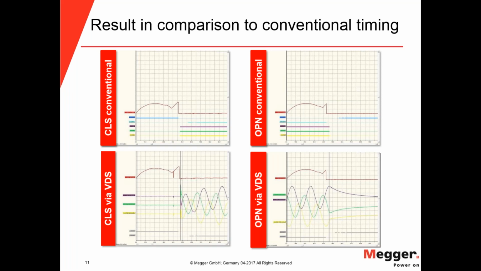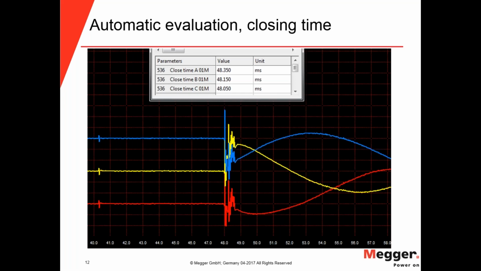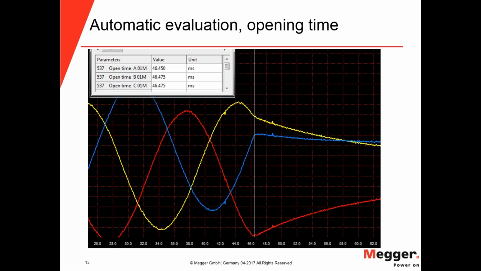There is also, in the software, a built-in automatic evaluation of the operation times. In this case, you see the closing times are calculated for each phase, and the same with the opening time. It's a little bit tricky because the AC doesn't disappear immediately.